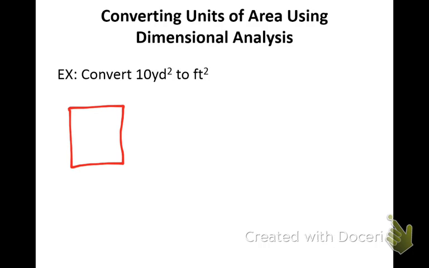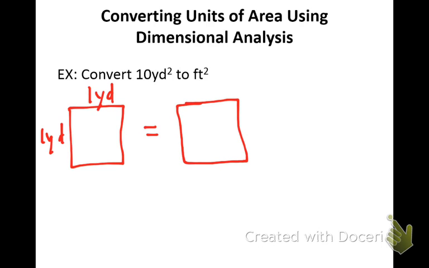If I draw 1 yard squared, so this is 1 yard by 1 yard, that's the same thing as, if I split this into feet, 3 feet by 3 feet, which is, as Shati said, 9 feet squared.